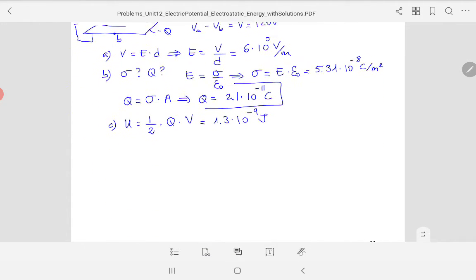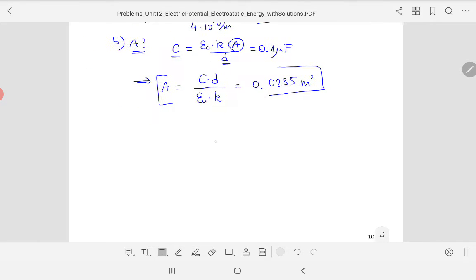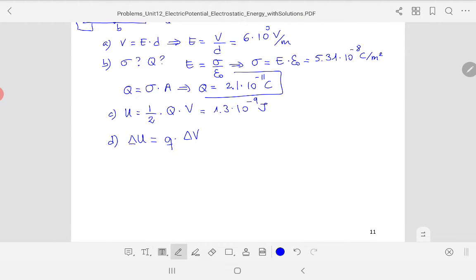So to do that, we just have to remember that the amount of energy is going to be equal to the charge times the potential difference. Oops, sorry. So this is going to be the charge of the particle, which is the electron, times V at the endpoint minus V at the initial point.